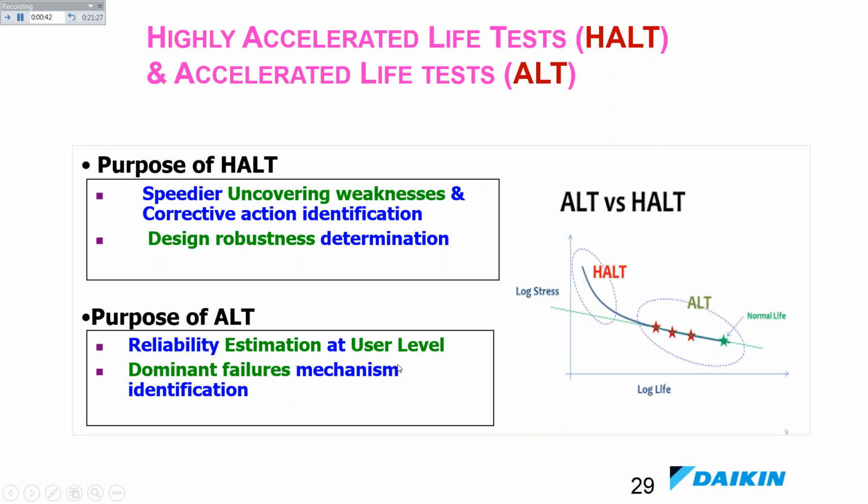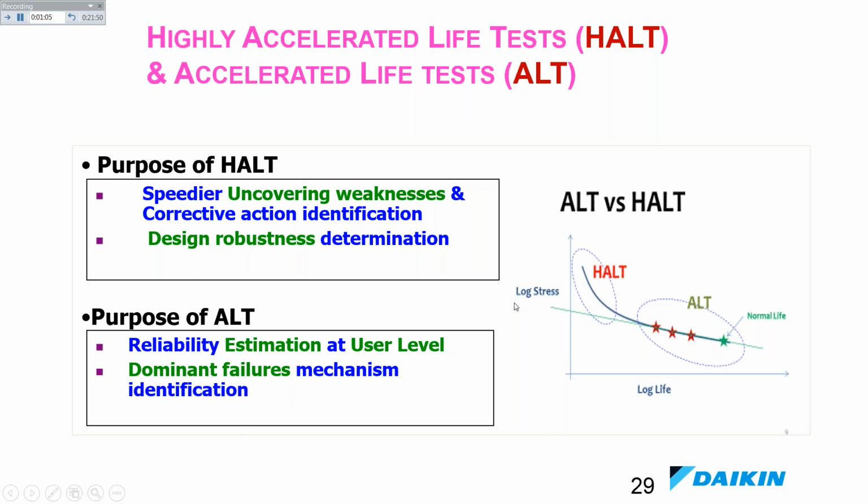We want to know the user level reliability. Because we are highly accelerating certain things in HALT, the failure modes we see may not really happen in real life. Here, at all levels, we'll be seeing all the relevant failures. So that's what it means.